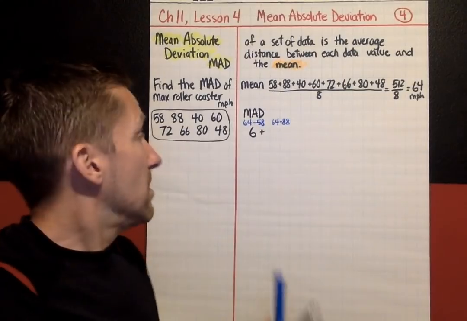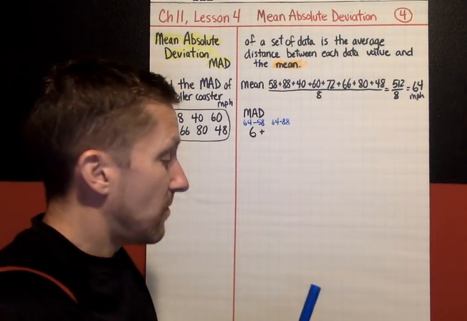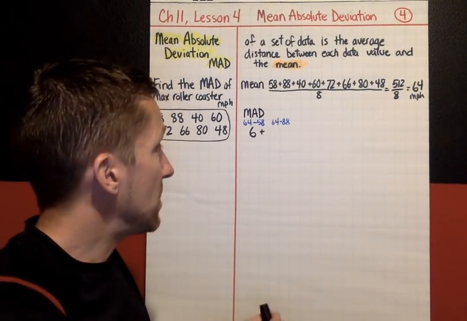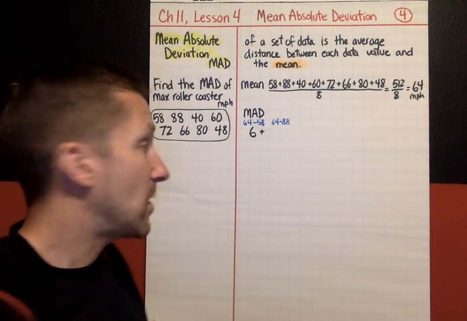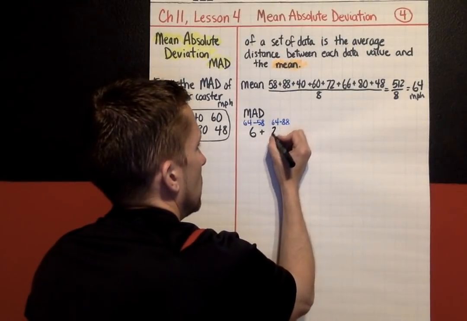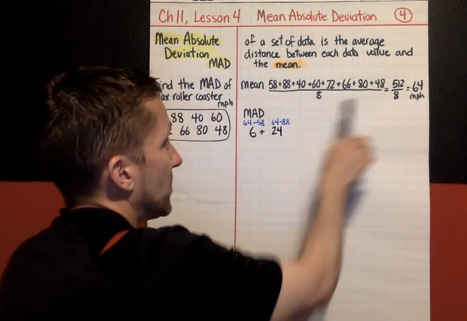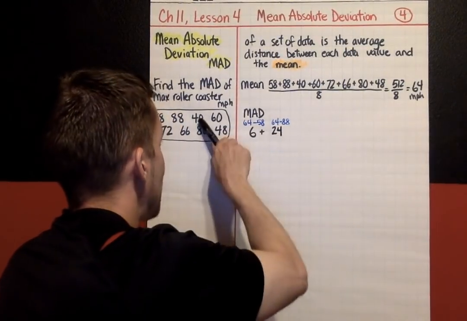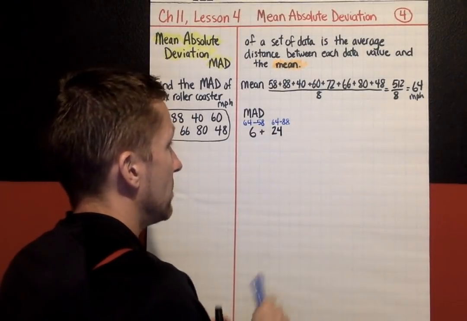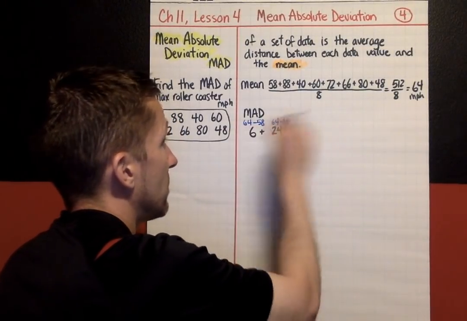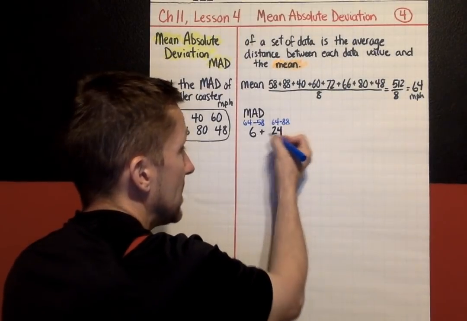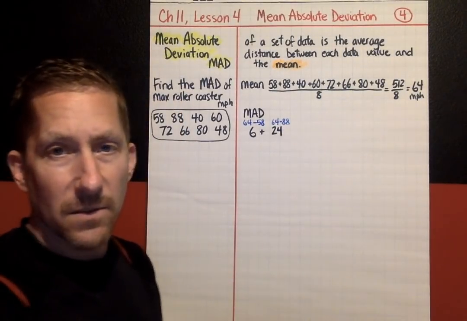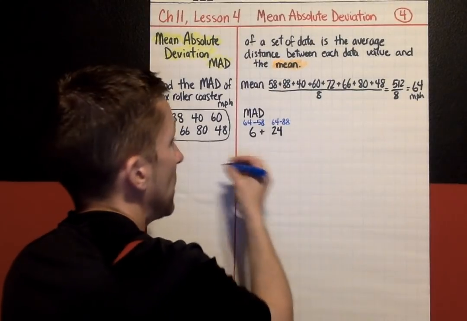So 64 minus 88 is negative 24, but because we're talking about distance, I'm going to make it a positive 24. I'm just going to do this number minus this number no matter what. If you want to take the greater of the two and subtract, you could do that. You're going to get the same thing. Or if you get a negative number, you're going to use the absolute value of that number, the positive.